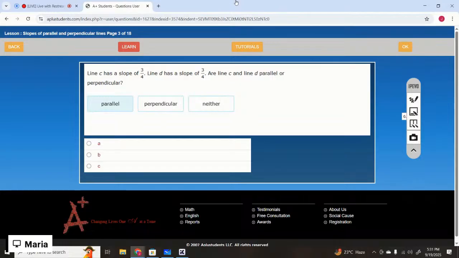Line C has a slope of 3 over 4. Line D has a slope of 3 over 4. Are lines C and D parallel or perpendicular?